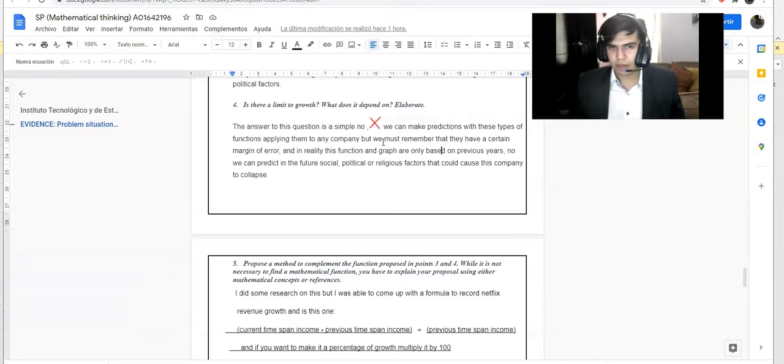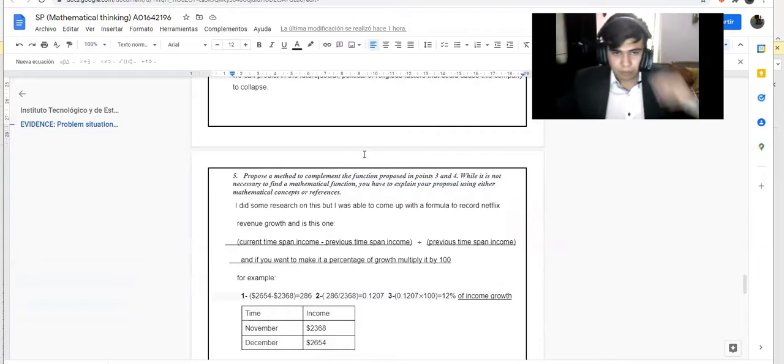We don't know those factors, and that's because we are not taking this as a real prediction. This is only a simulation if Netflix continues with its annual growth. That's the question, and we're going to question number 5.